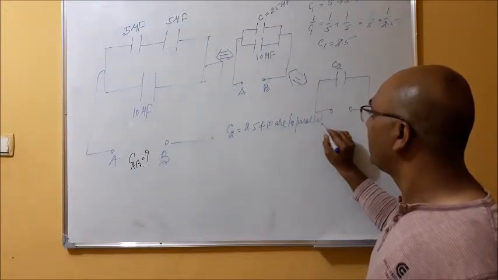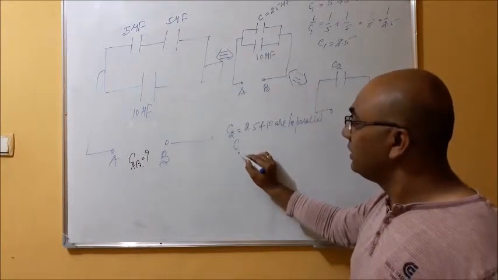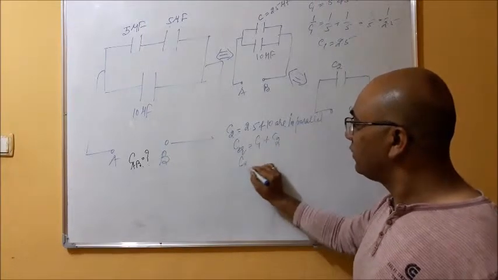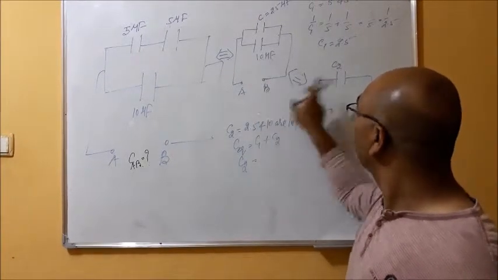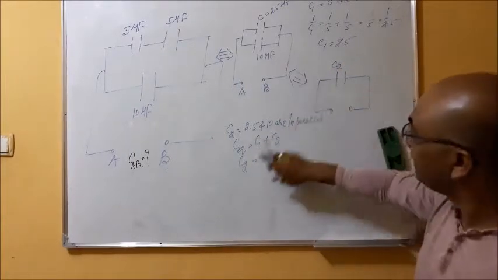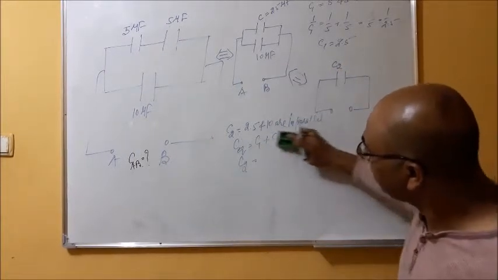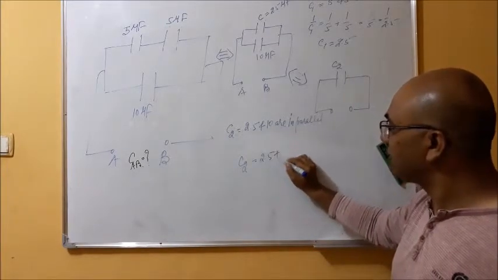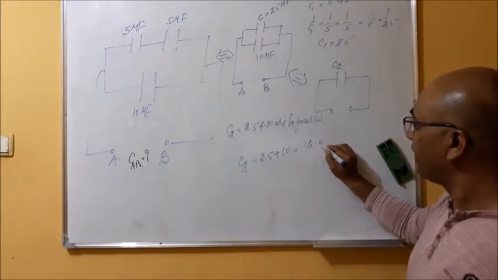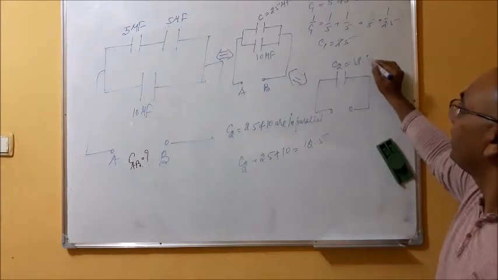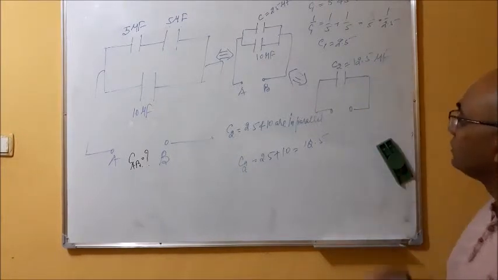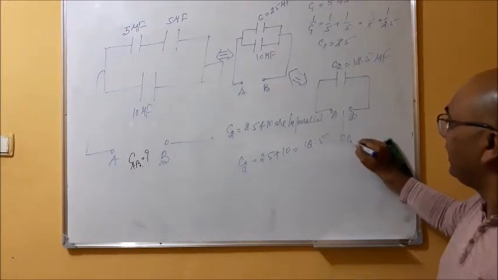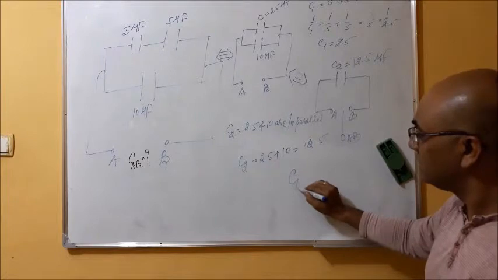What is the formula for parallel? C equivalent is C1 plus C2. We are denoting the equivalent value by C2. So C2 is 2.5 plus 10, which is 12.5 microfarad. And this is the value between A and B. So what is the answer?